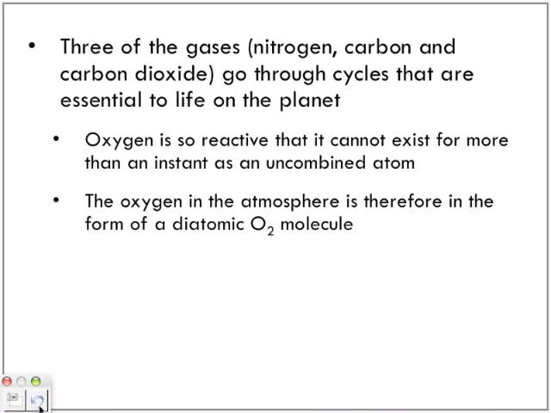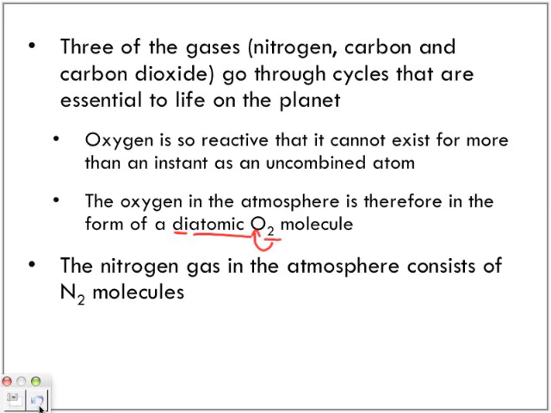The oxygen in the atmosphere is therefore in the form of a diatomic molecule of O2. Diatomic, di meaning two atoms. Two atoms of oxygen form this one molecule. The nitrogen gas in the atmosphere consists of N2 molecules. Because it's N2, it's also considered diatomic.